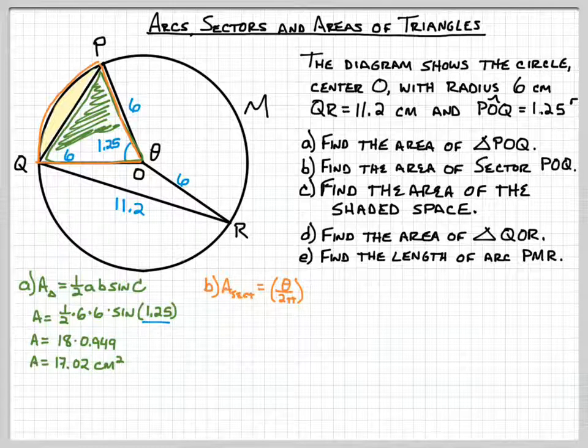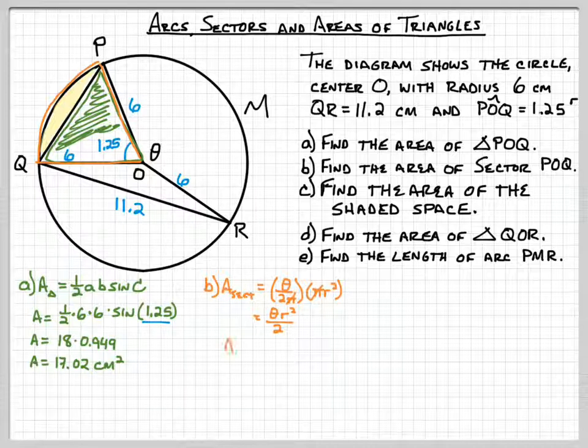We take the proportional piece of that angle measurement and multiply it by the area of a circle. Before we plug values in, we can simplify, knock out those pi's, and we get theta r squared over 2.